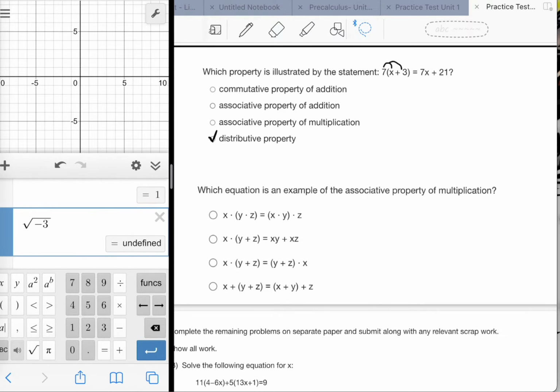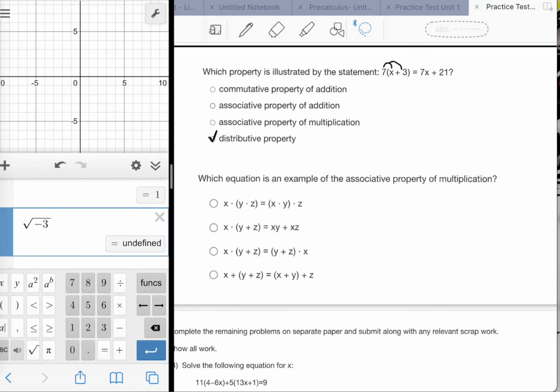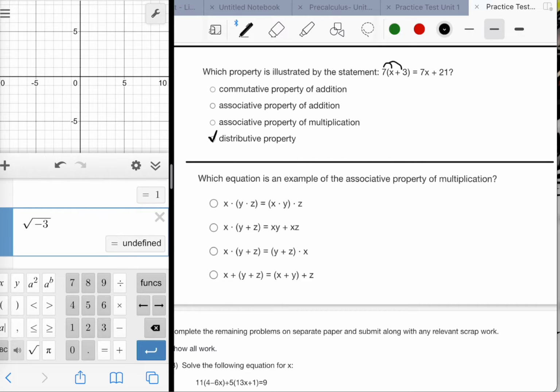Which equation is an example of the associative property of multiplication? So just a little reminder, associative property deals with just moving parentheses. You don't move anything else. All the numbers and variables stay in the same place, the parentheses move. However, this is even easier than that, because this says associative property of multiplication.